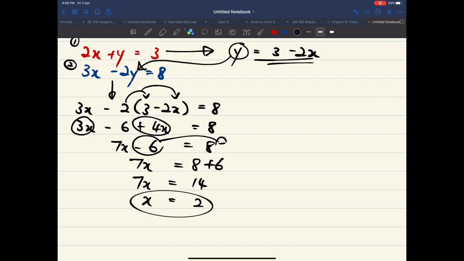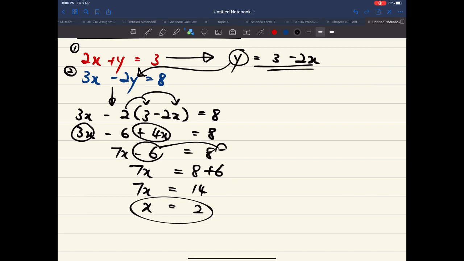What is the next step? Now I've got the value for x, and I need to know the value of y. So I'll take x equals 2 and put it into this equation. I copy back the same thing: y equals 3 minus 2x.